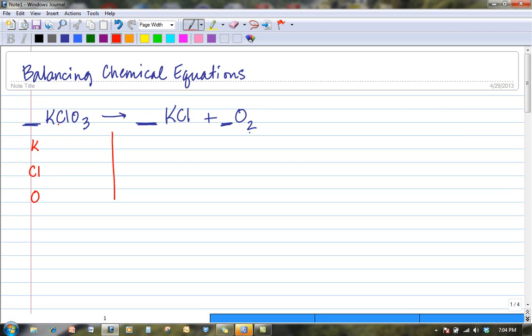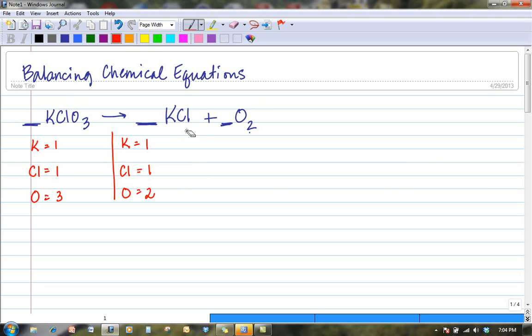So here on my reactant side, I have 1 K, 1 chlorine, and 3 oxygens. So not only am I going to list those, but I'm also going to write down how many of each I have. And then over on this side, I have 1 K, 1 Cl, and 2 O's.